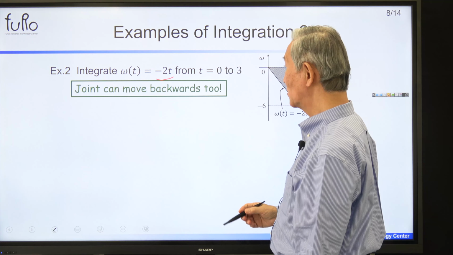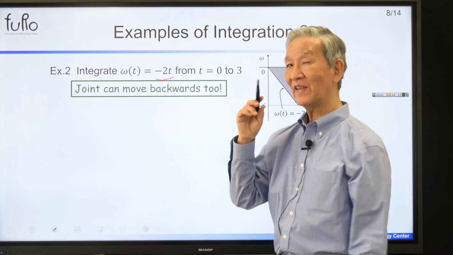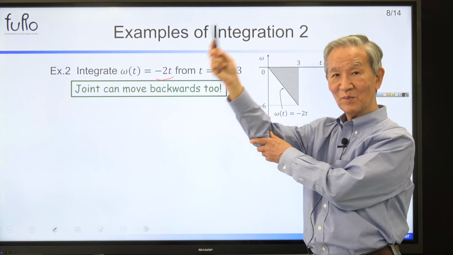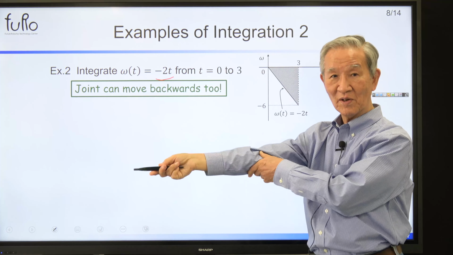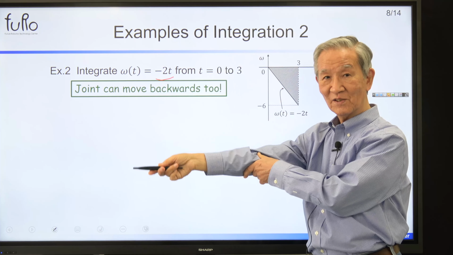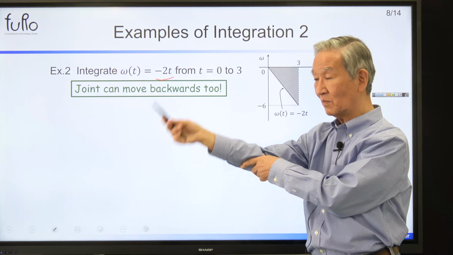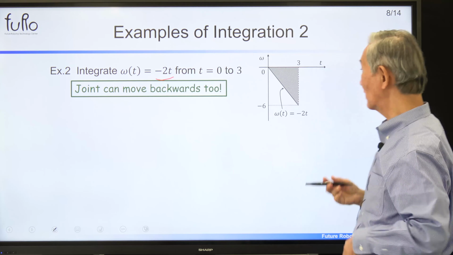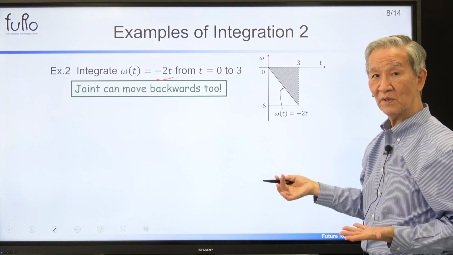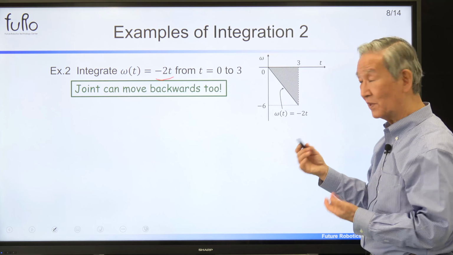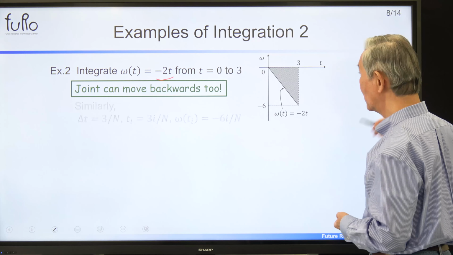Okay? A joint can move backwards too. That's the reason why. A joint can move this way or that way, either way, right? So the speed could be negative or positive or whatever. So we should be able to do the integration on the negative side as well.